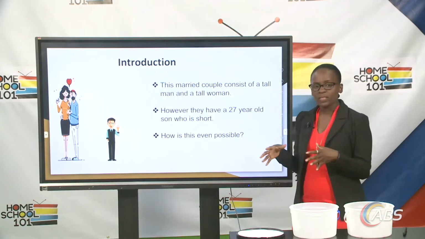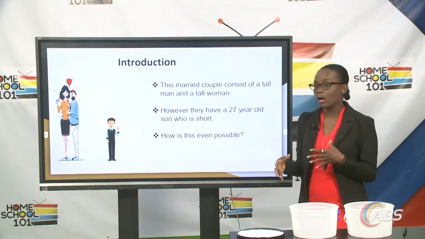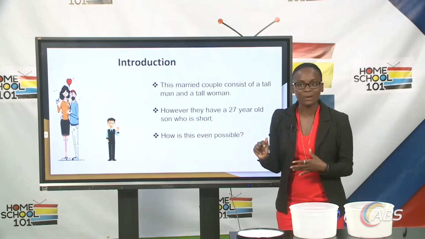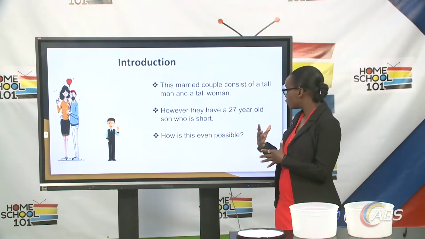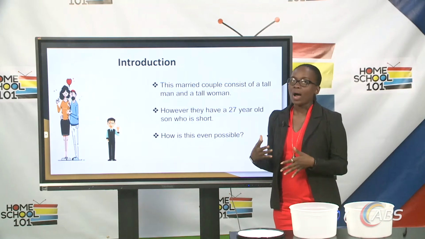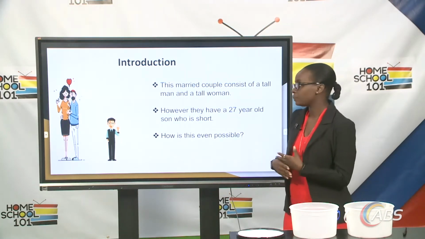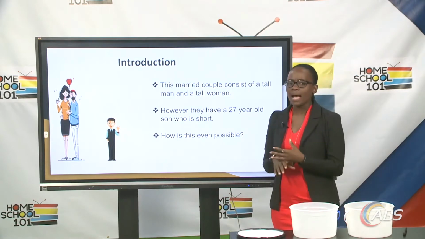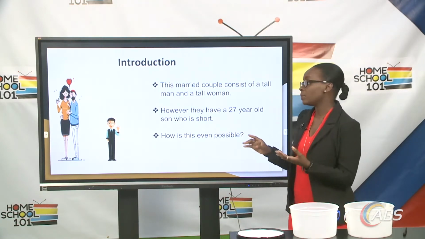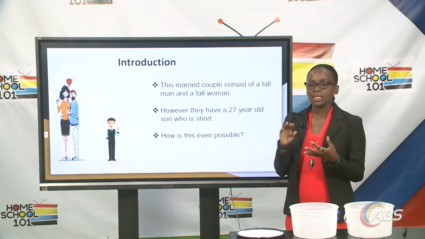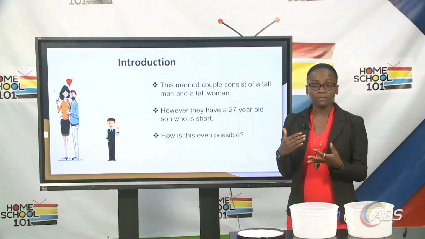That both of them are tall, however, they're producing a child that's actually 27 years of age, and he is short. Now, what we want to remember during the class today is that we're going to be looking at a few things. We're going to be able to differentiate between genotype and phenotype.